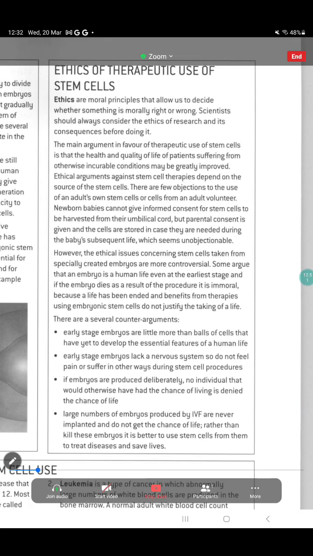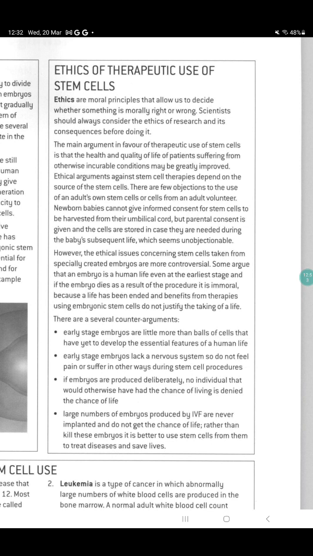Now there are a few ethical issues in the therapeutic use of stem cells. Ethics are the moral principles that allow us to decide whether something is morally right or wrong. If we are performing any kind of surgery or treatment on any patient, whether the morality allows it, whether it is right or wrong, is decided by ethics.